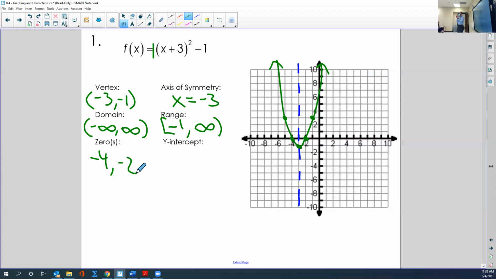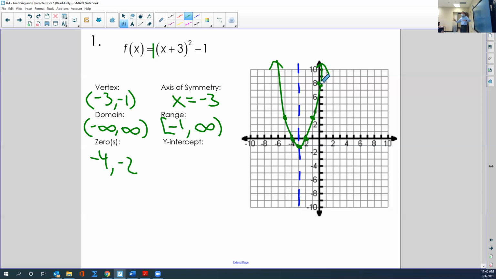If it's not on the points, so I have these 5 points graphed, none of those happen to be my y-intercept. I could do 1 of 2 things. I could say right 1, 2, 3, we happen to fall on the y-axis, so that would go up 1, 2, 3, 4, 5, 6, 7, 8, 9. And we could find it that way. Okay, but if it's far away, we know that all y-intercepts have what in common?